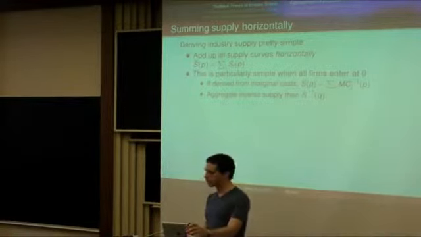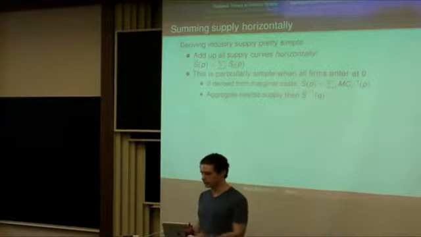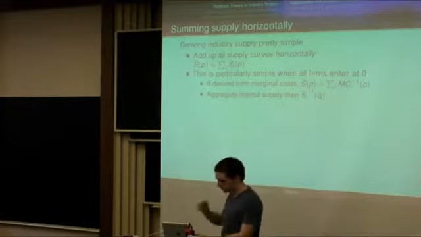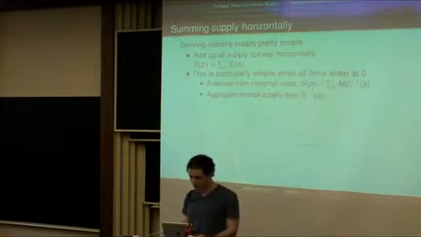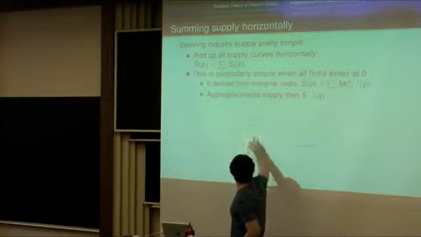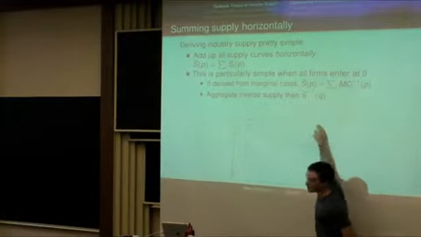And we can then get an industry marginal cost curve, which is the inverse of the industry supply curve. So here's an example of that. Here are a bunch of firm supply curves, these all come out of Cobb Douglas, we can just add them up horizontally and get this industry supply curve.